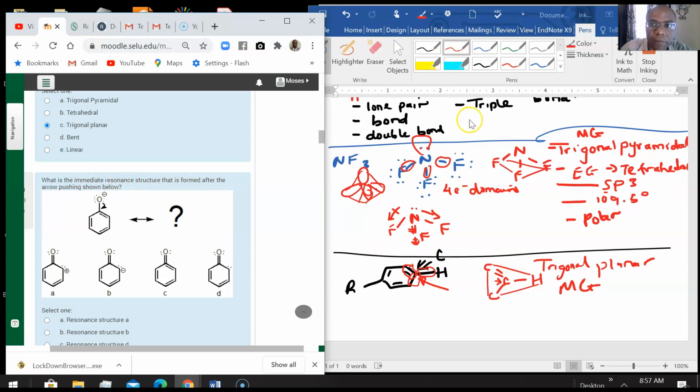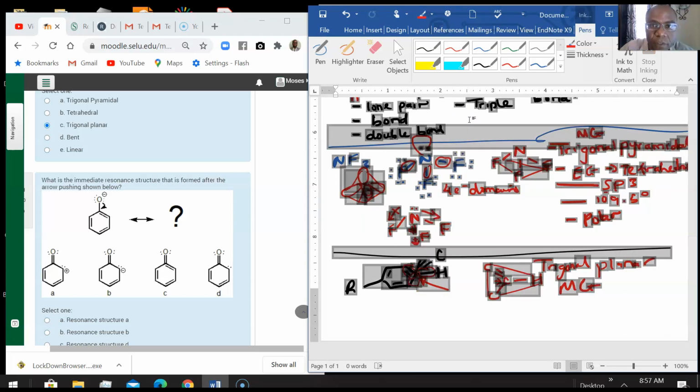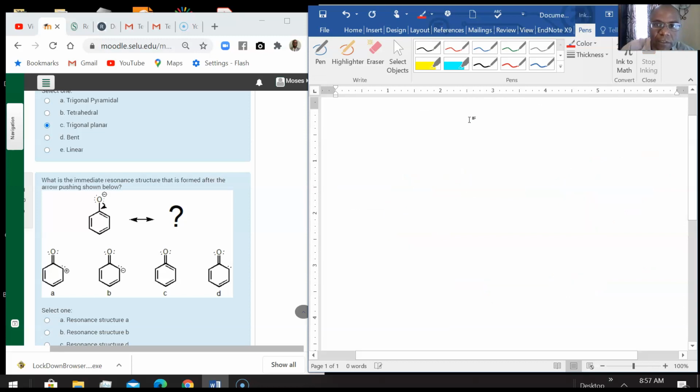Okay, what is the immediate resonance structure for this one? Now I think I will have to delete this, so we start over. We are asked about the immediate resonance. So you start from either the lone pair or the double bond to do resonance. If the lone pair is provided, you start from the lone pair.